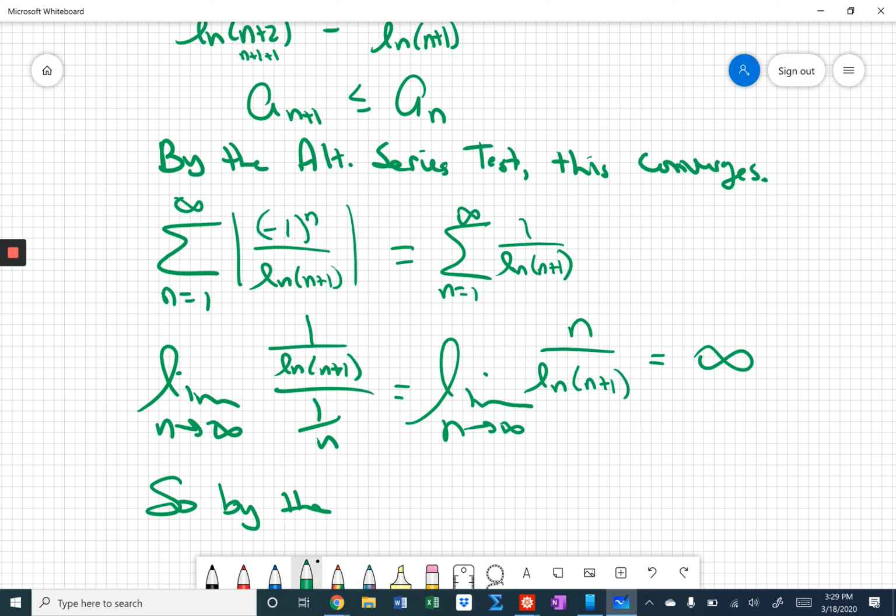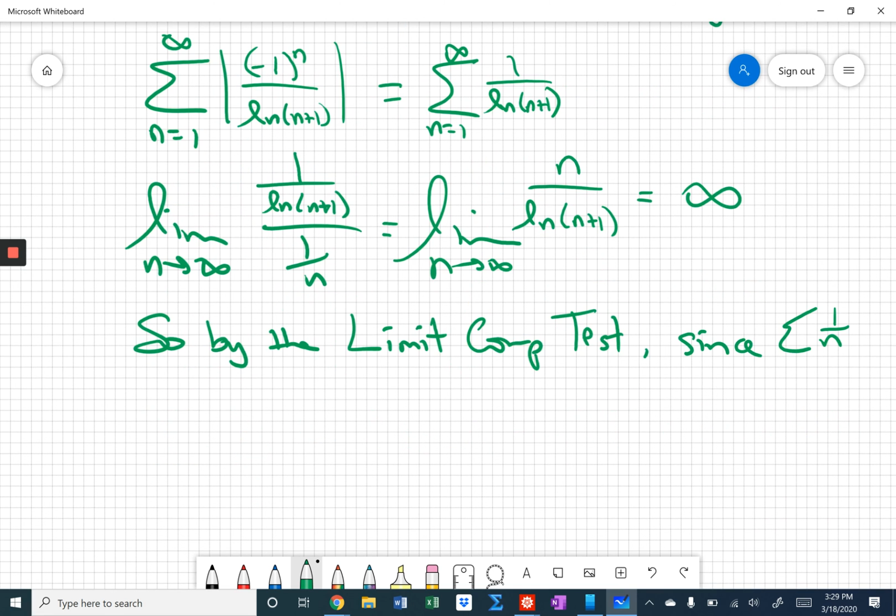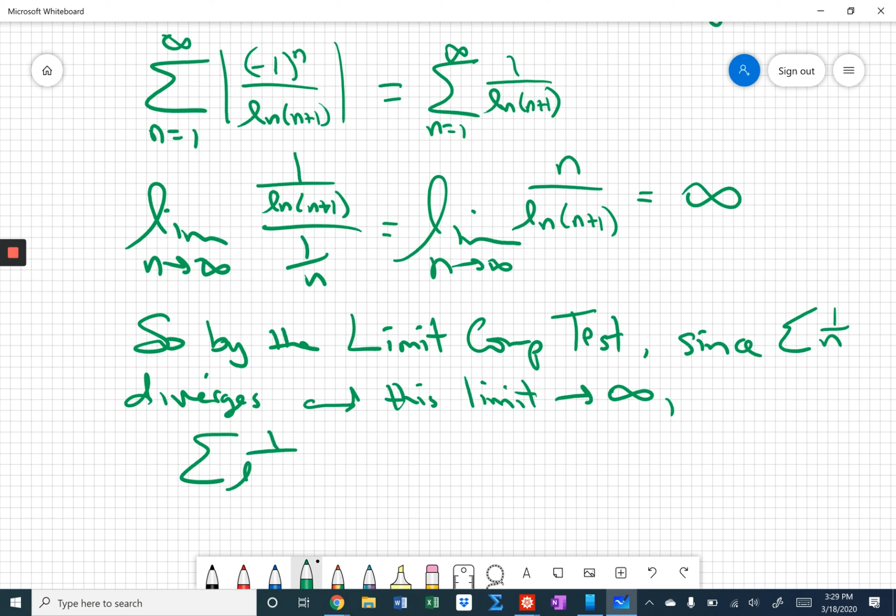And so by the limit comparison test, since 1 over n diverges, and this limit went to infinity, 1 over natural log of n plus 1, this series here diverges.